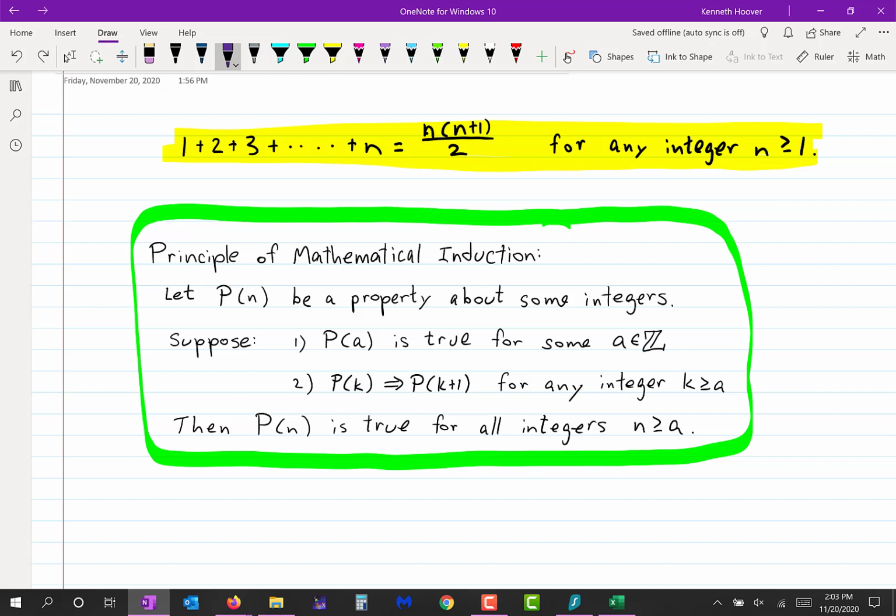And we will show that if that formula is true for some random integer, which we'll call k, then it also has to be true for the next integer, k plus 1. So we will show that it's true for 1, and that if it is true for one integer, then it's also true for the next integer. And those two things together means it'll be true for every integer starting at 1. Okay? That's called proof by mathematical induction.